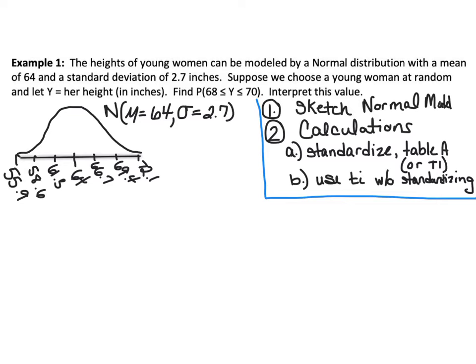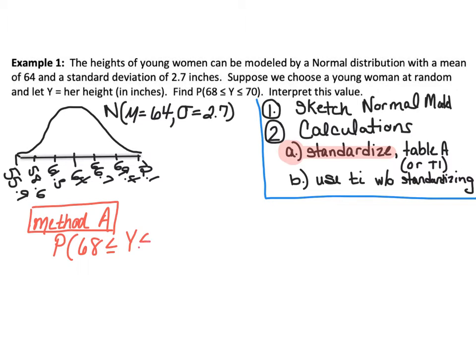Or if you're doing complete graphing calculator talk, you could bypass finding your z-scores. Let me show you the good notation you need for your AP exam: capital P, the probability, and you show what you're doing, that a randomly selected woman, defined as capital Y, her height in inches, is between 68 and 70.